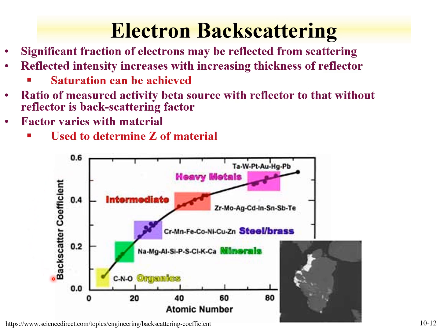And the factor varies with material, and as one can imagine, the Z, the number of electrons in the material, is going to have an influence on the ability of something to scatter. So one can evaluate a backscatter coefficient and have that reflected against the atomic number, and we can see that lower Z material, lower backscatter coefficient, higher Z material, higher backscatter coefficient.